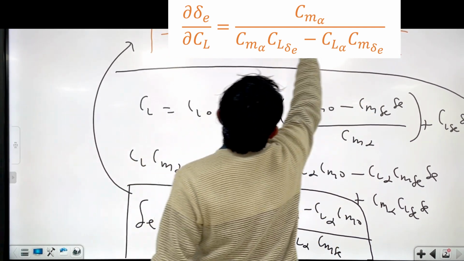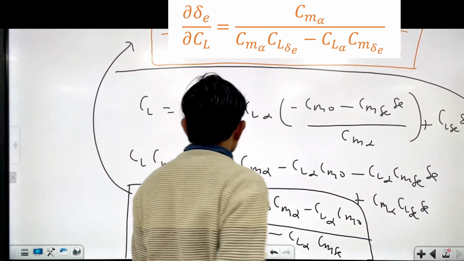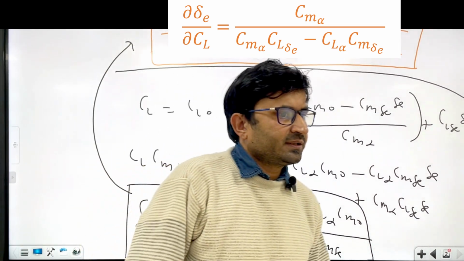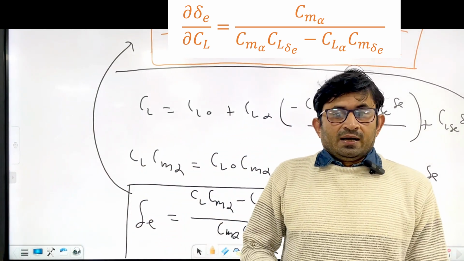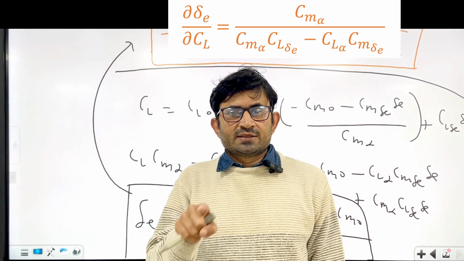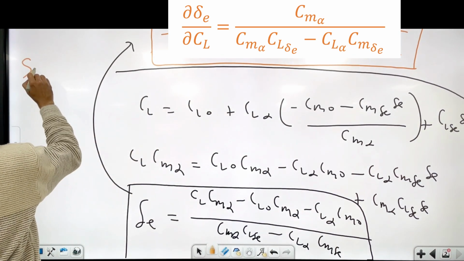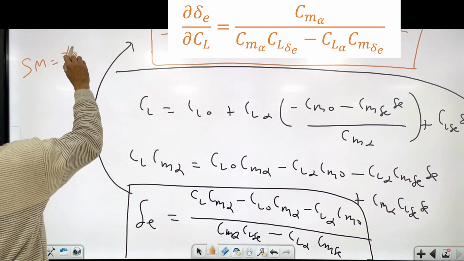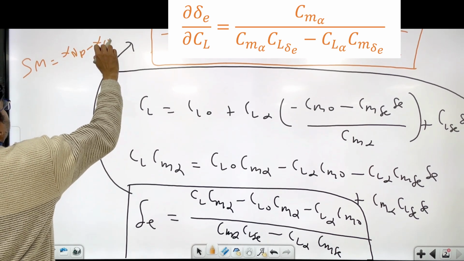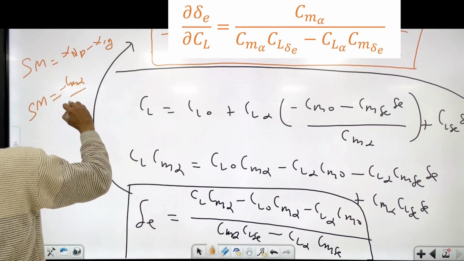Now we know that when CG is at the neutral point, then Cm alpha will become 0. From what equation? This we already discussed: static margin equals xnp minus xcg, and static margin equals minus Cm alpha divided by Cl alpha.